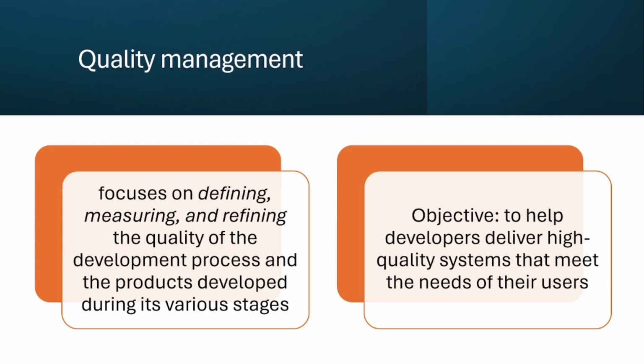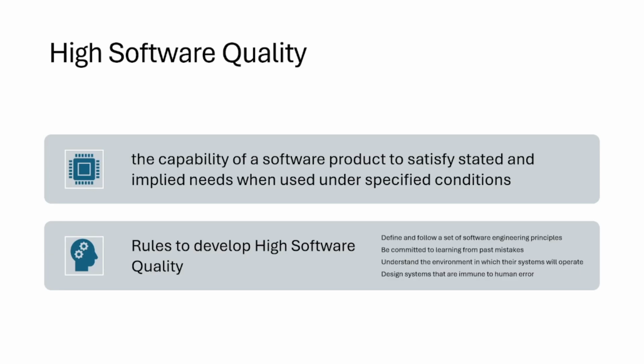Now we are talking about high software quality. High software quality means the capability of the software product to satisfy stated and implied needs when used under specified conditions. That means the capability of the software product to meet the needs of the user or of the customer.